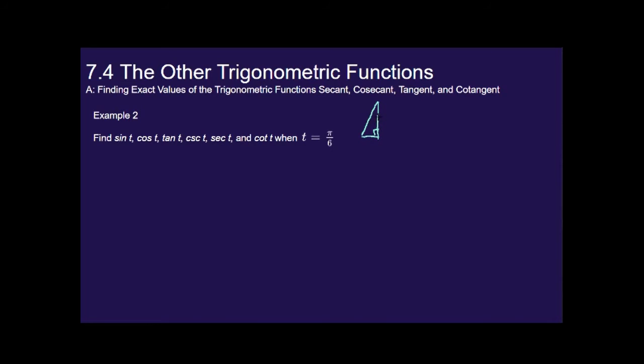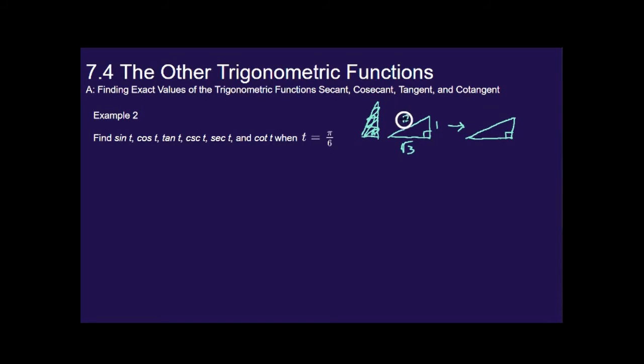Okay, and I know that the ratios, sorry, I drew that sideways, didn't I? There we go. Pi over 6. I know that the ratios of a 30, 60, 90 triangle are 1, 2, square root of 3. But because we're on the unit circle, I know that the hypotenuse has to be 1. So I need to divide all of these by 2 in order to get everything into the right ratio.